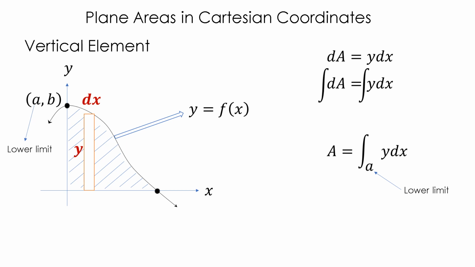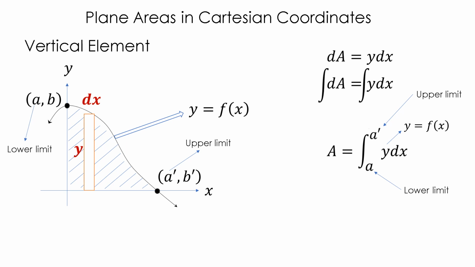If we consider a second point, whose coordinates will be A prime, B prime. A prime is the x coordinate and B prime is the y coordinate. A prime becomes the upper limit. So this upper limit, A prime, is the upper limit of our integral. We know that y is equal to the function of x.